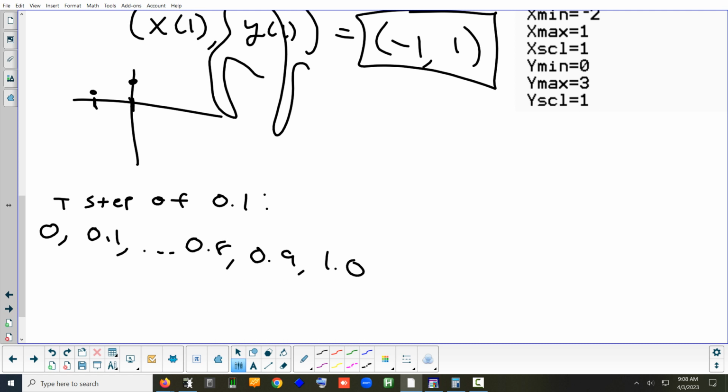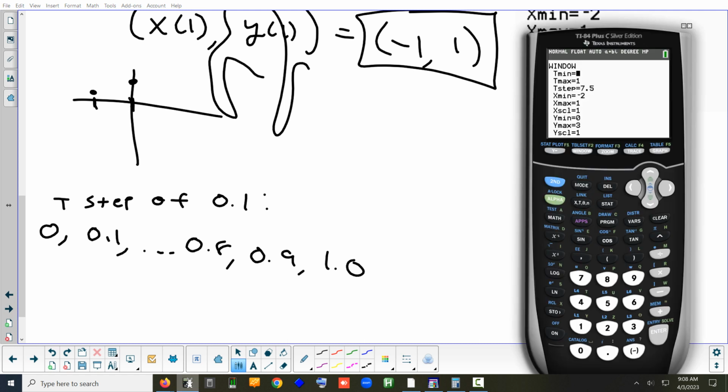Now, if you set the t-step too small, like let's say I did the t-step, don't do this, but if I did 0.001, that's going to take way too long. Because now the calculator is going to start at 0, it's going to go to 1, and it's going to increment what it graphs by 0.001. So if I hit graph, it's probably just going to freeze.